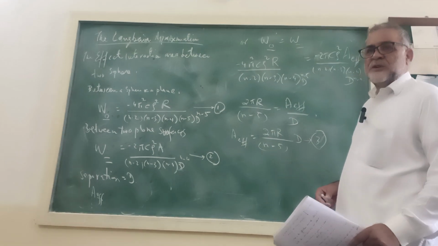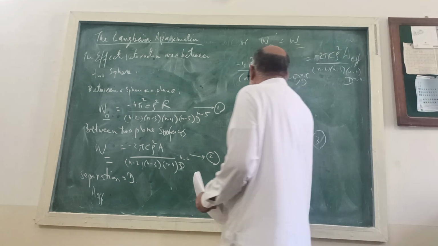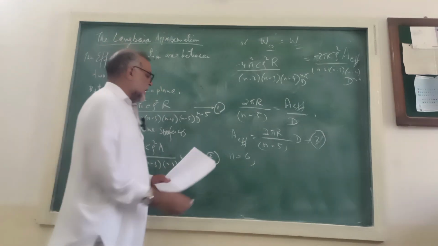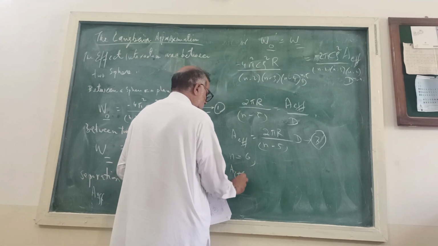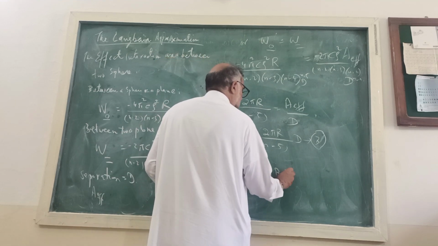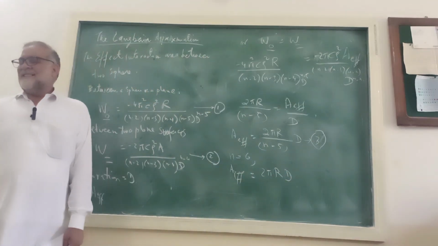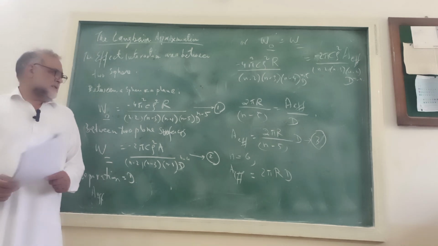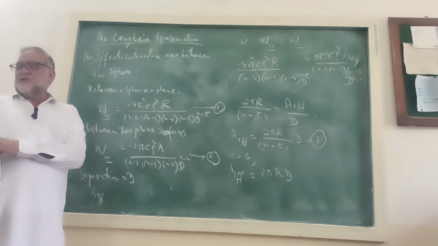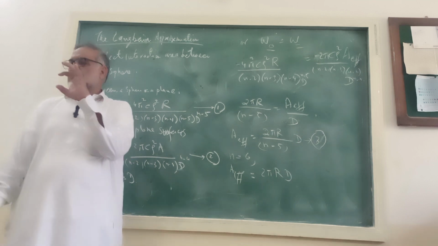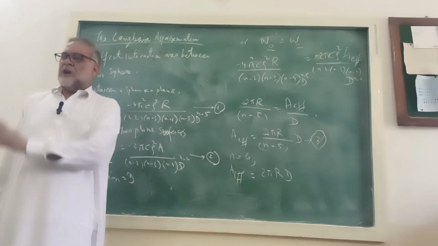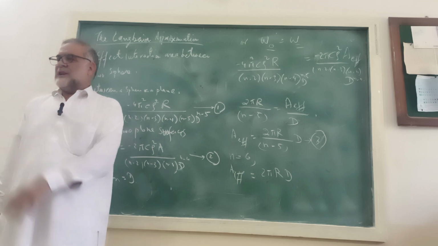For the van der Waals situation, n is equal to 6. So A effective is equal to 2 pi R D. That is for the van der Waals situation: the effective area between a sphere and a plane such that they behave like two planes per unit area.